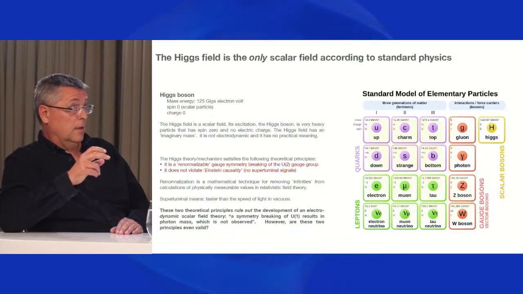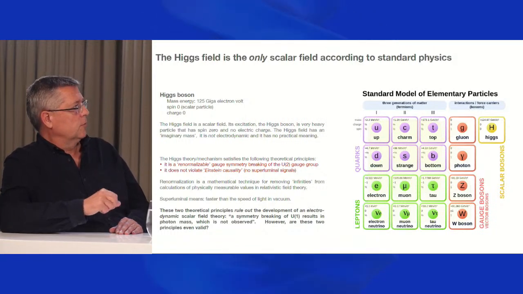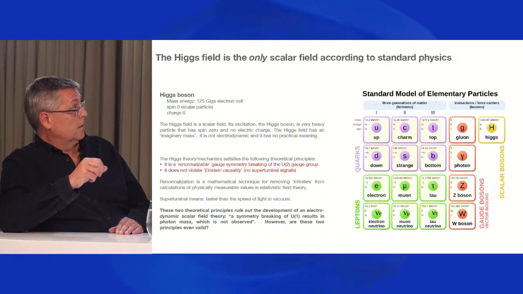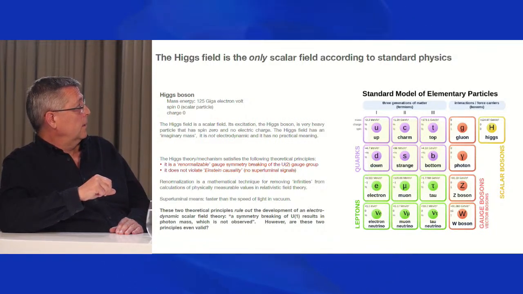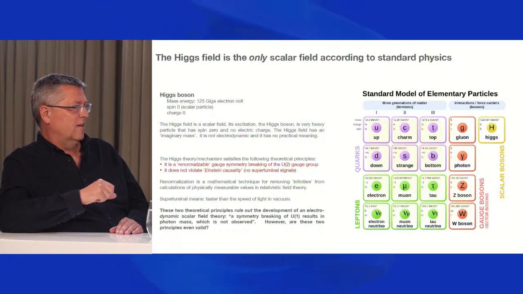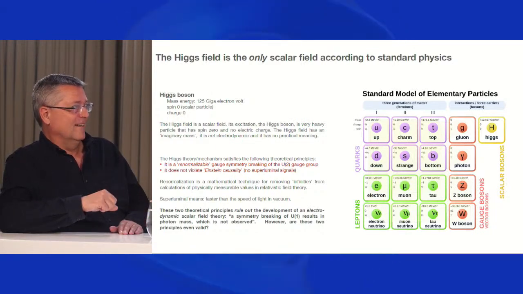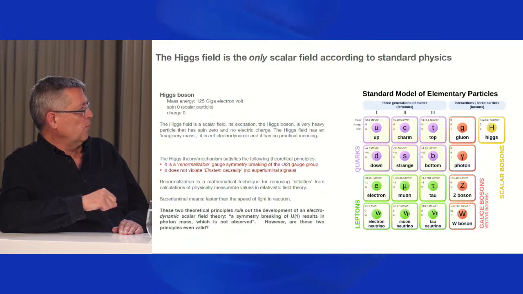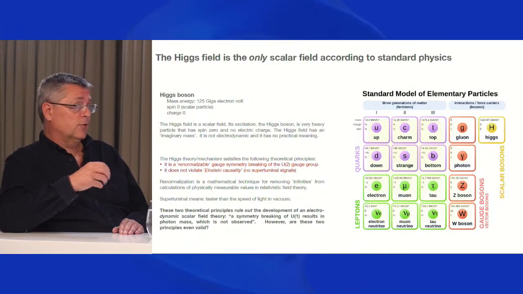So that's a clear difference from the other particles. And the Higgs field is a scalar field, and it has an imaginary mass, and I don't know what that is, but it appears to have imaginary mass, and it's not electrodynamic in nature.